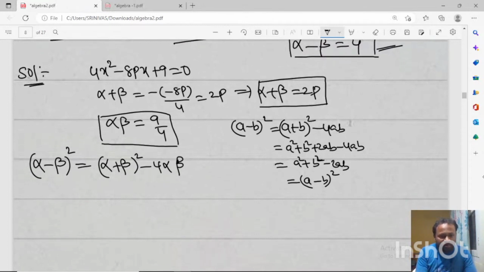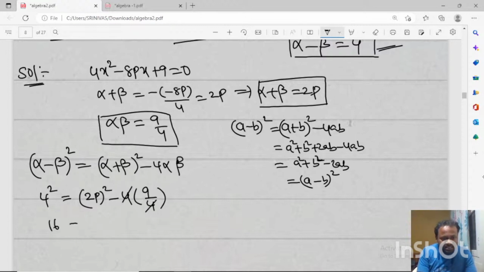Alpha minus beta whole square means 4 square is equal to alpha plus beta value 2p whole square minus 4 alpha beta value 9 by 4. 4 cancel. 16 is equal to 4p square minus 9.